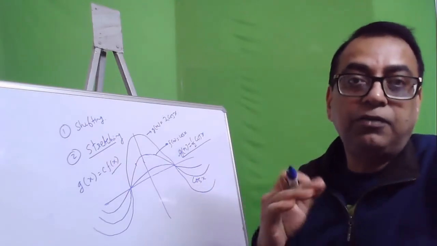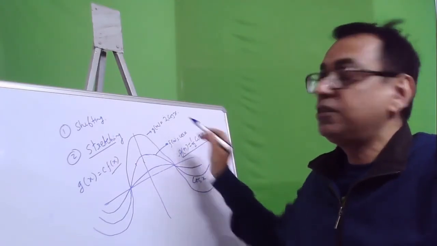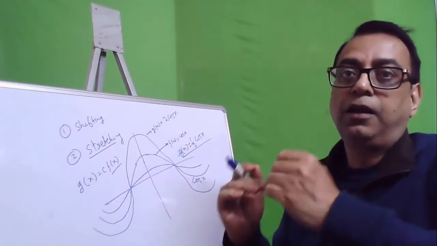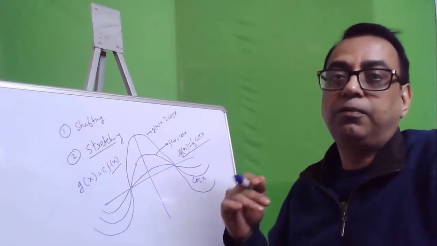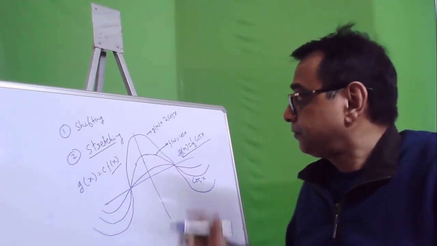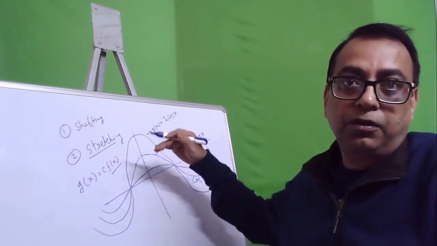Basically it will be flatter. When c is more than 1, it will be more vertical, and when c is less than 1, it will be flatter. So this is stretching on the y-axis.